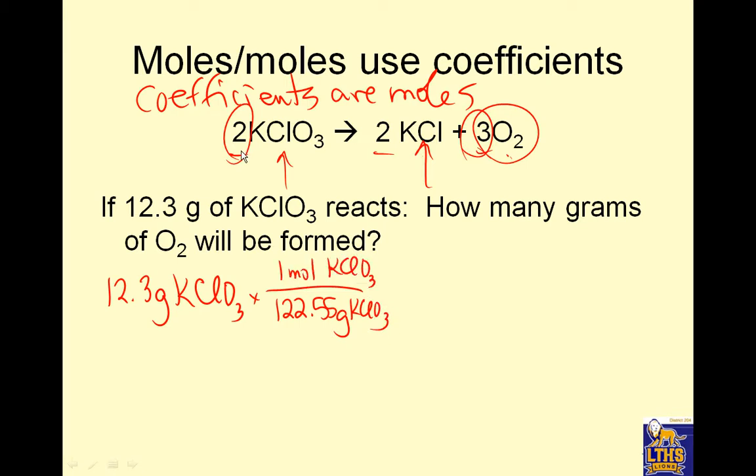Now that we have moles, we can use this mole ratio of coefficients to change KClO3 into O2 because that's what we want to find. We have to be in moles to use these because coefficients are moles. I look to see what's in front of the KClO3 and it's a coefficient of 2. In front of the oxygen is a coefficient of 3.